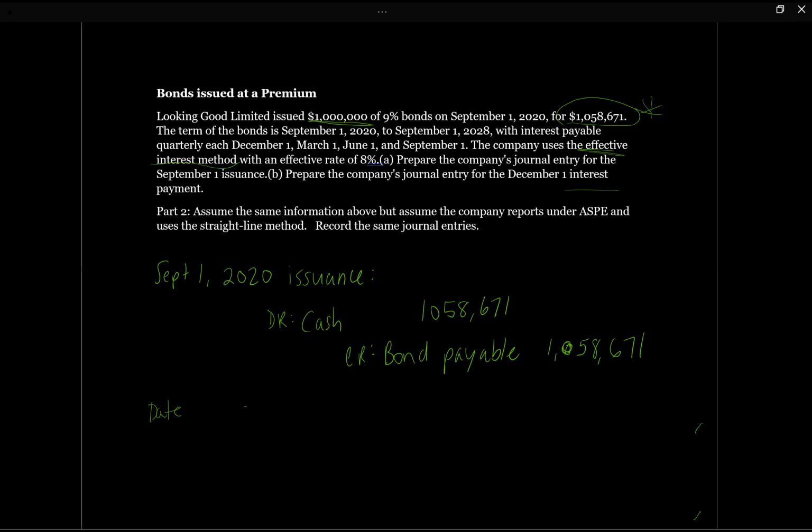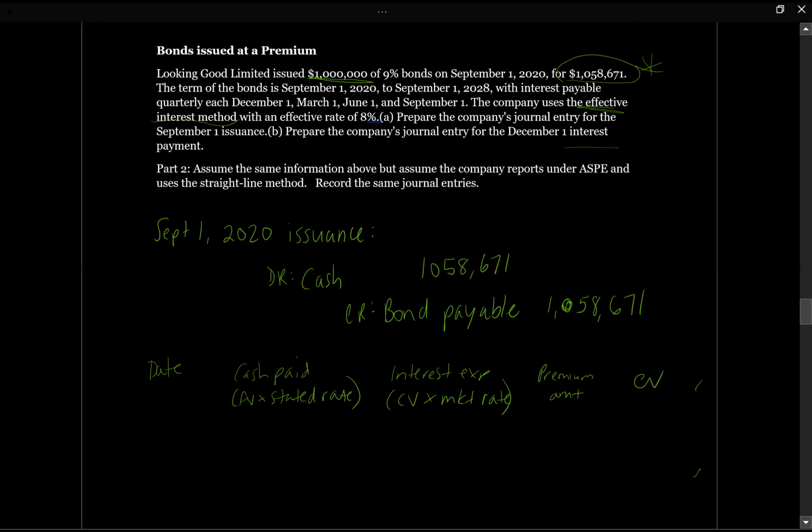We're going to have the cash paid, which is going to be the face value times the stated rate. Then we're going to have the interest expense, which is going to be the carrying value times the market rate. And then we're going to have the premium amortized. And then we're going to have the carrying value.